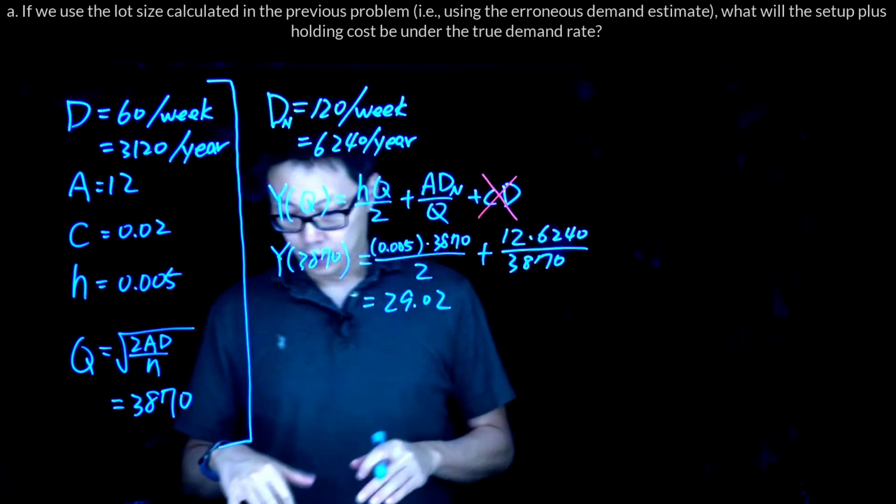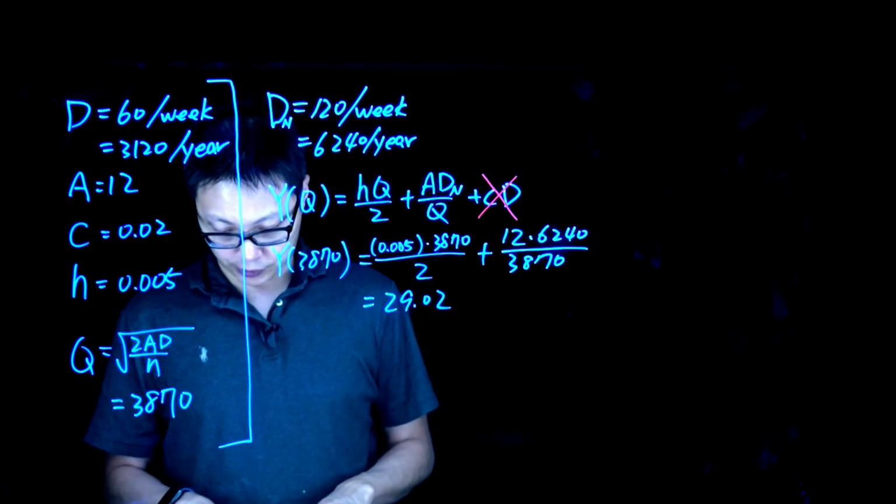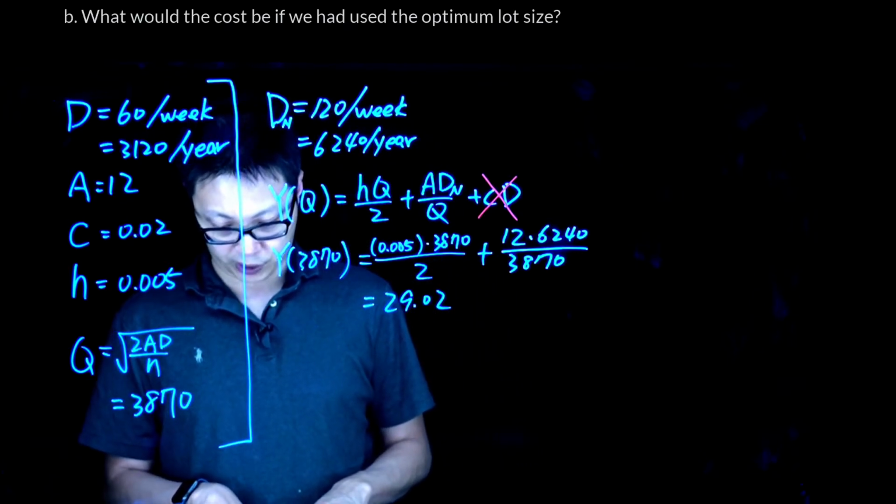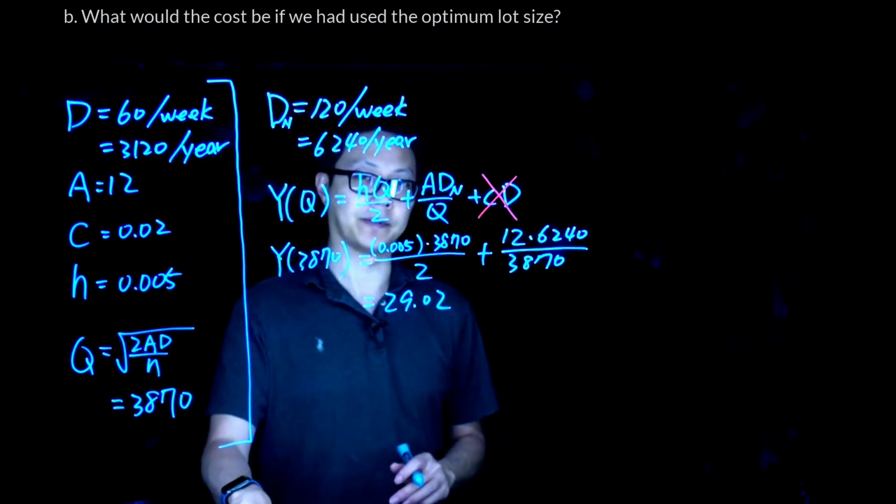Then the second question asks what the cost would be if we had used the optimal lot size.